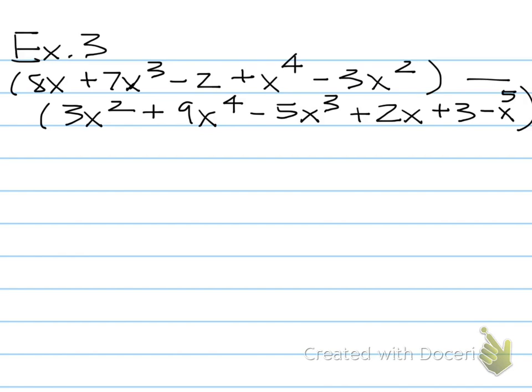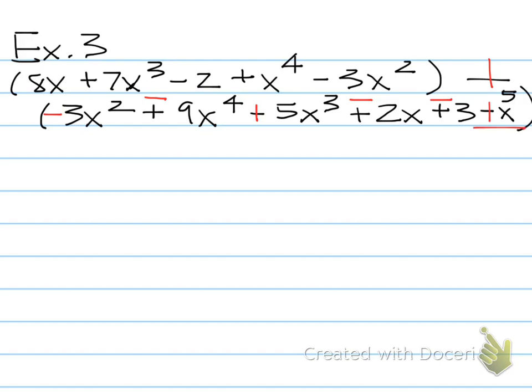So I change the subtraction symbol to an addition symbol, and then I change the sign of all the terms in the polynomial that was being subtracted. Now I just go back to what I did in example 1 and 2, add up the like terms.